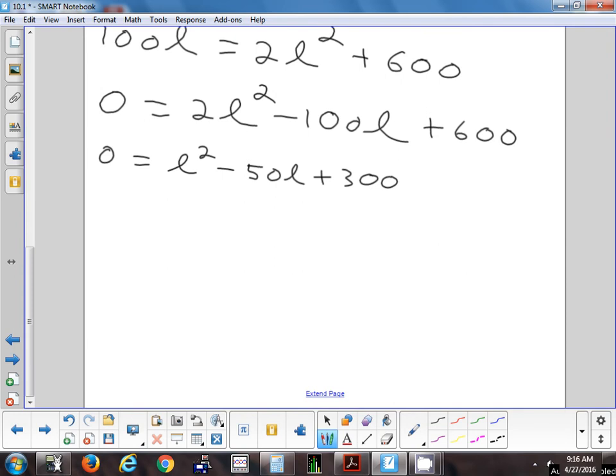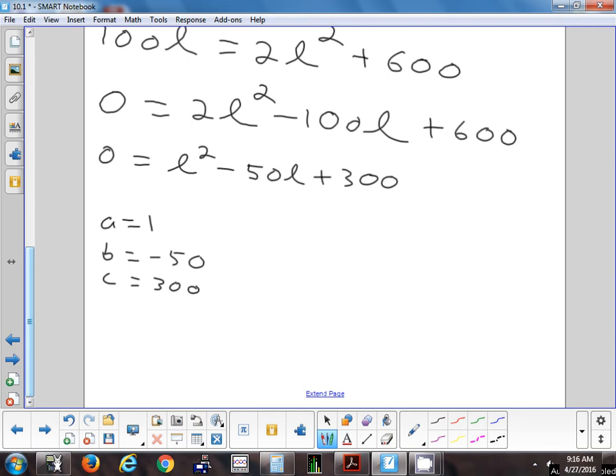Somebody remind me what three letters are in the quadratic formula? A, B, and C. What's A in this equation? 1. How about B? Negative 50, good. And C? 300. Okay, so now just fill into your quadratic formula.